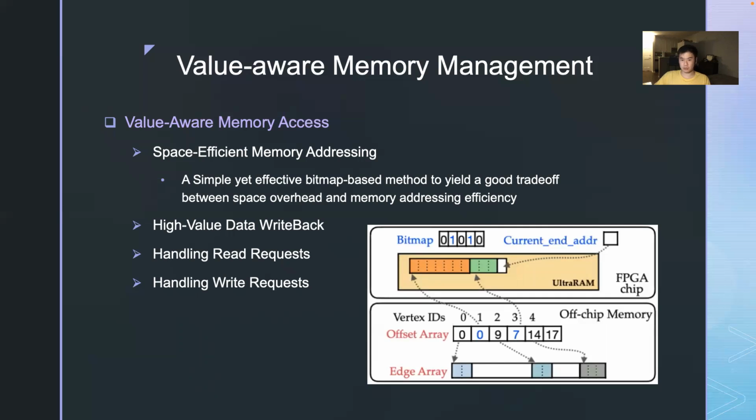A naive approach is to use another offset array to record the on-chip edge data, but it incurs extra space overhead, which can be more than n times 4B, where n is the number of vertices. So they present a simple yet effective bitmap-based method to yield a good trade-off between space overhead and memory addressing efficiency.